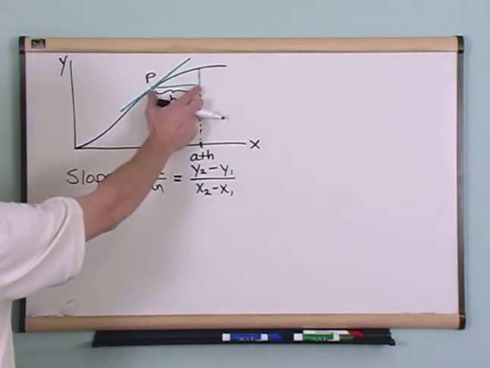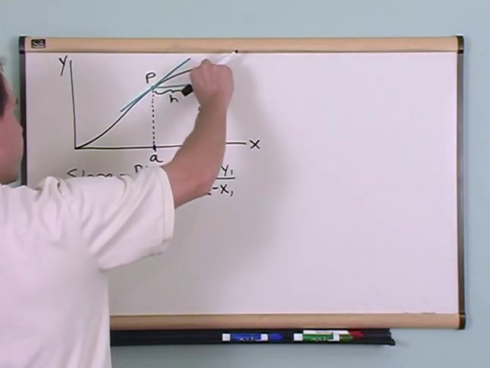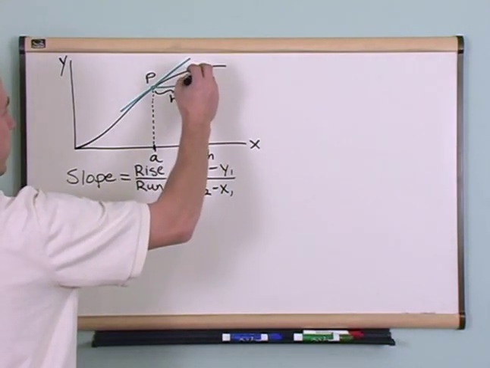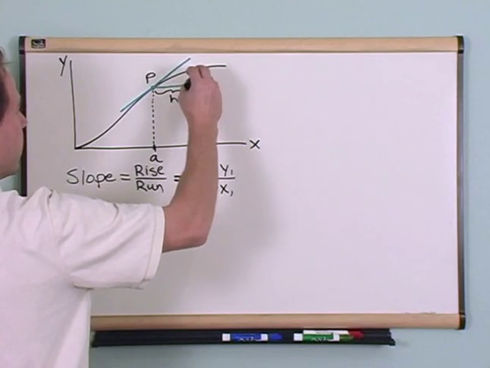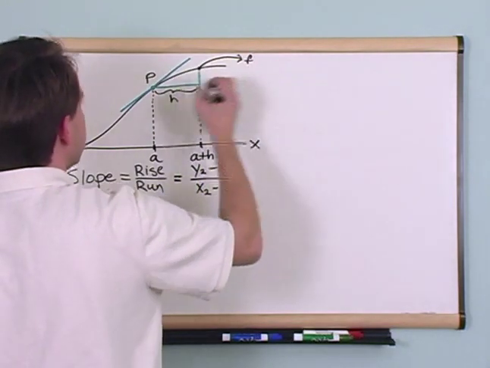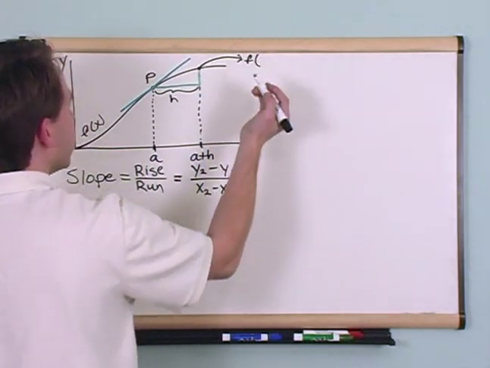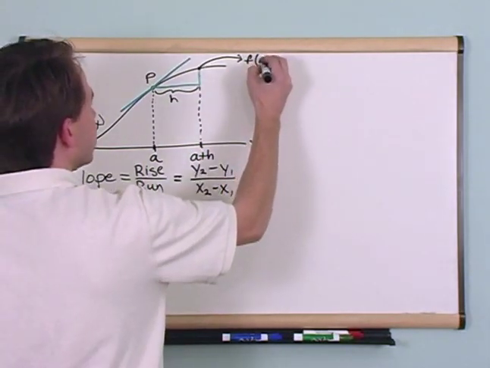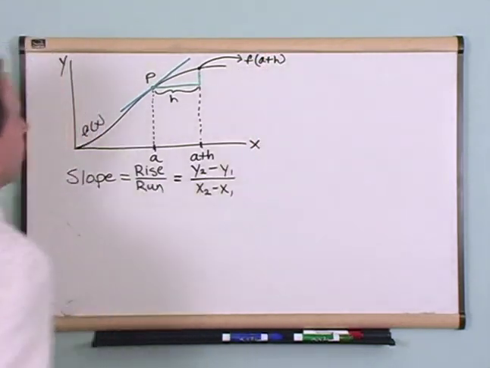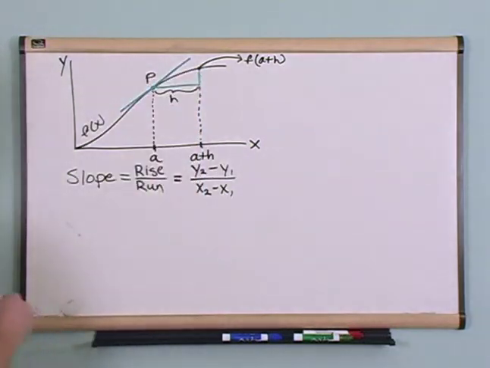We already know what the run is, the run over in the x direction, that's just h. Now what is the distance here? Well, this point right here, because this function is f of x, this is just f of a plus h, right? I just take the x value, stick it into f, and that's what this value is here, okay?